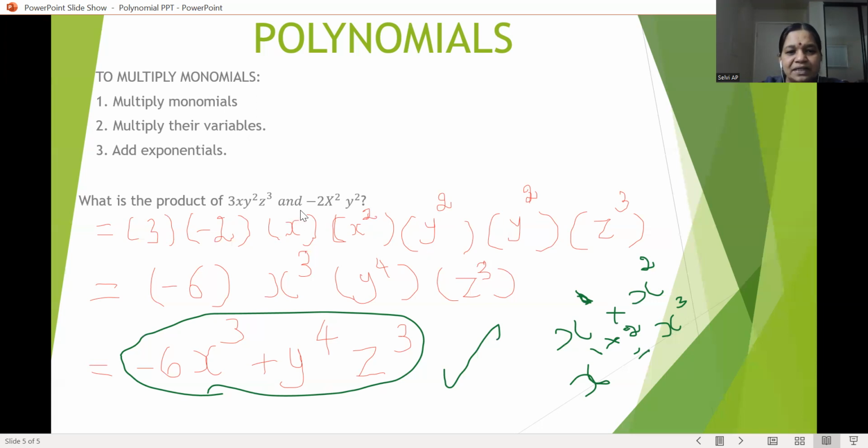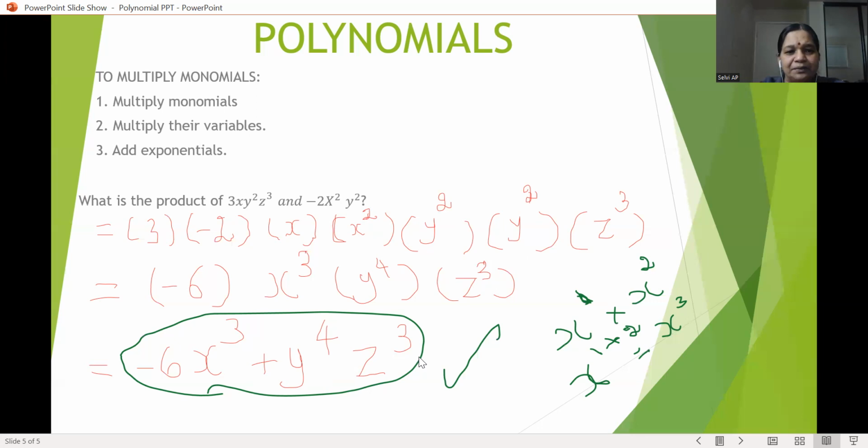We don't have z variable in second term. So we have only in first term. So z cubed. Okay, you got it right. So here I have to put bracket, but I didn't do this one. So see, minus x cubed y power 4 z cubed.